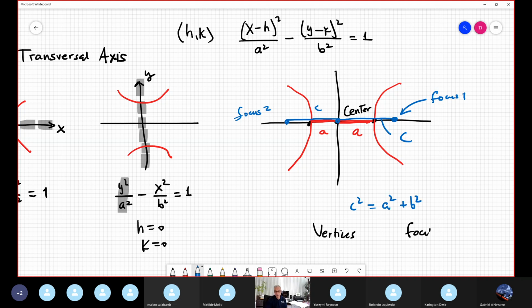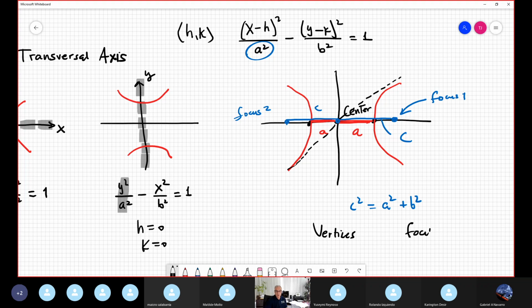The identification is super easy for A because A is the number associated with the positive part, and C is the distance to the focus, and B no. Geometrically B is different. Let me try to explain the idea behind B. The hyperbola has two oblique asymptotes like that. It's the same line.